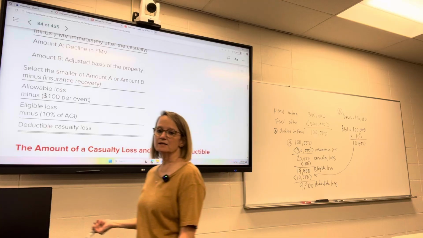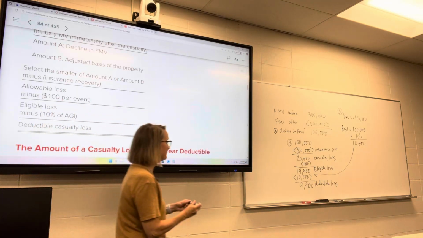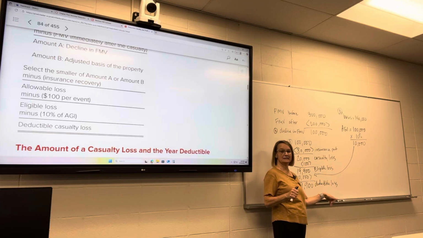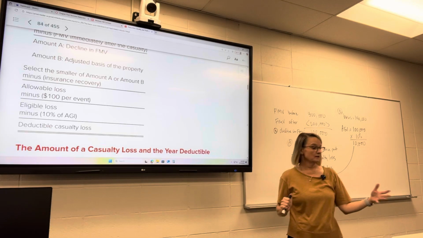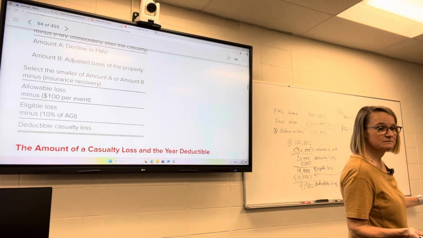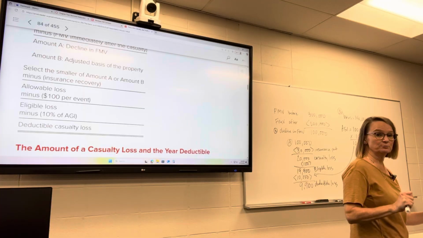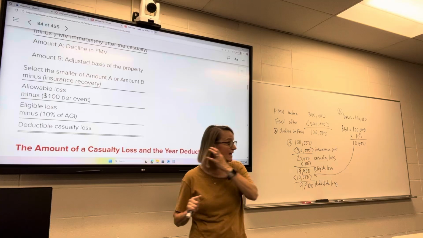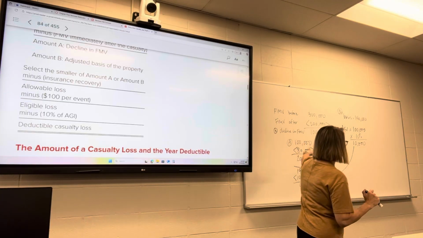In reality, a lot of times the insurance payment is probably going to cover all of that. So essentially, you're not going to get any deduction. But if you didn't have insurance, which is a terrible thing to happen, you're still going to be limited to that. You're still going to have to subtract 10% of your AGI.